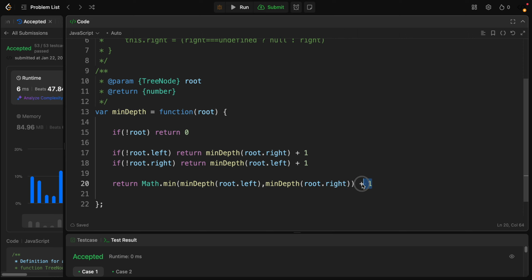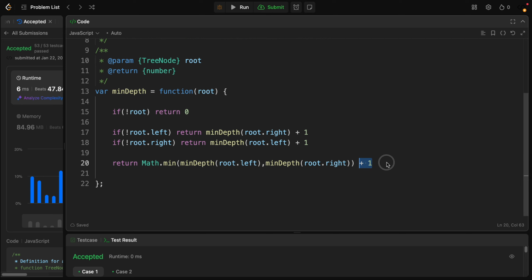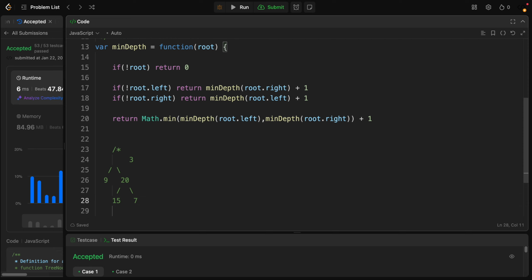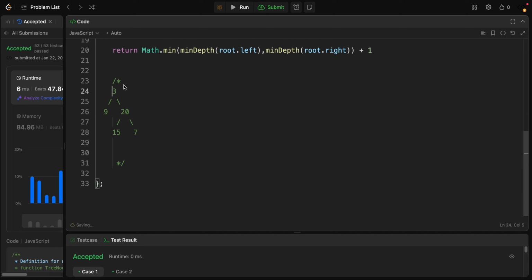The +1 accounts for the current node itself. For example, if the shortest path to a leaf node through either the left or the right subtree is x, adding 1 includes the current node in the depth. Let me take an example to make this easier. Let's assume that we have this tree.